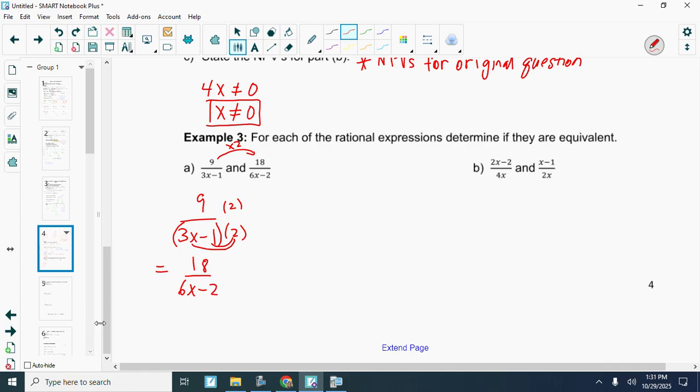So yes, these are equivalent. But you need to look at both and find the key, the clue. Here, the clue was recognizing that 9 times 2 is 18, and then checking the bottom. The same thing.